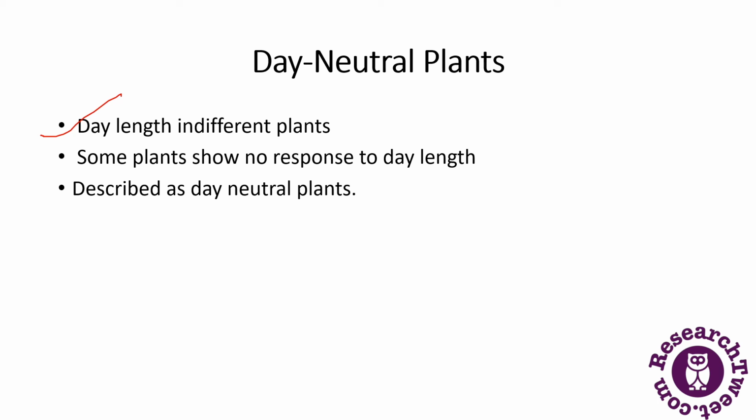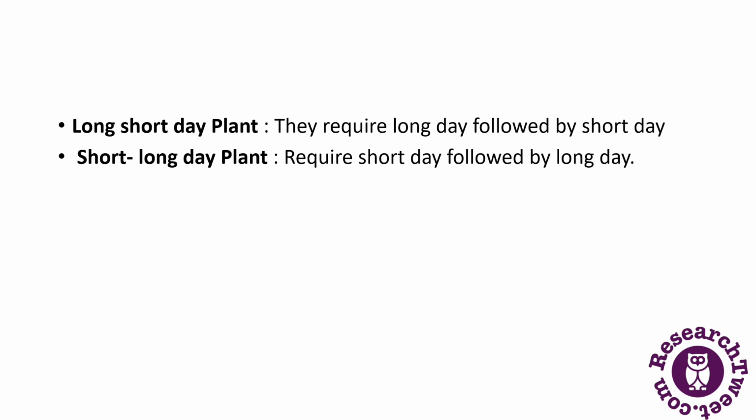For example, with a long day length the flowering would be more, or with a short day length the flowering would be less, but they do not show any response to this. So they are described as day neutral plants.